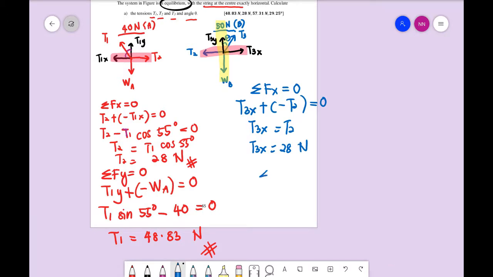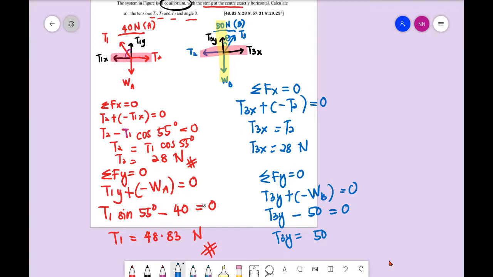Net force Y equals to 0. So T3Y plus negative weight B equals to 0. T3Y minus weight B, which is 50 Newton, so T3Y equals to 50 Newton.